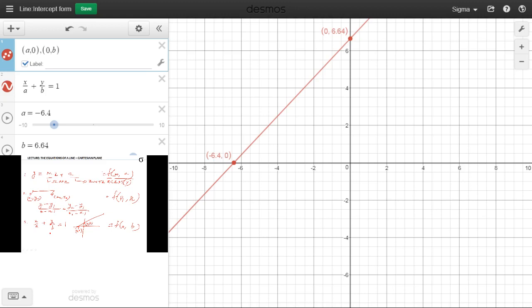Now the key takeaway from these equations is that a line on the two-dimensional plane will always be linear, both across x and y. And these three forms are equivalent.